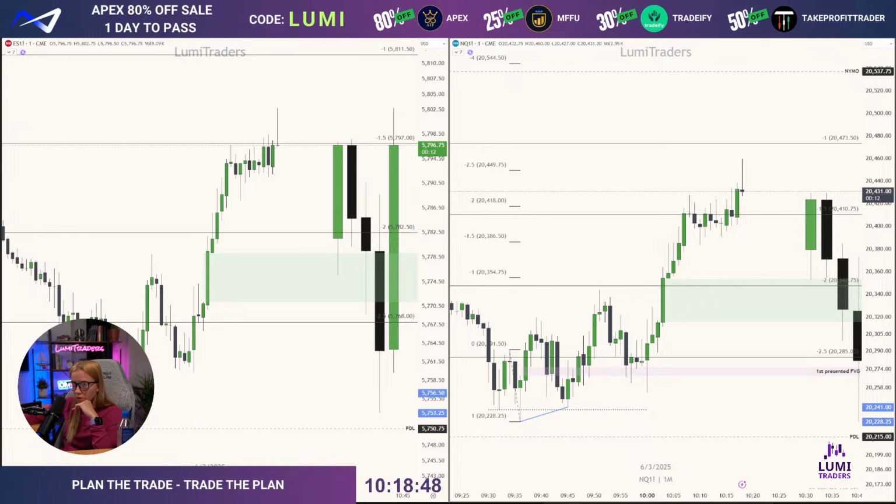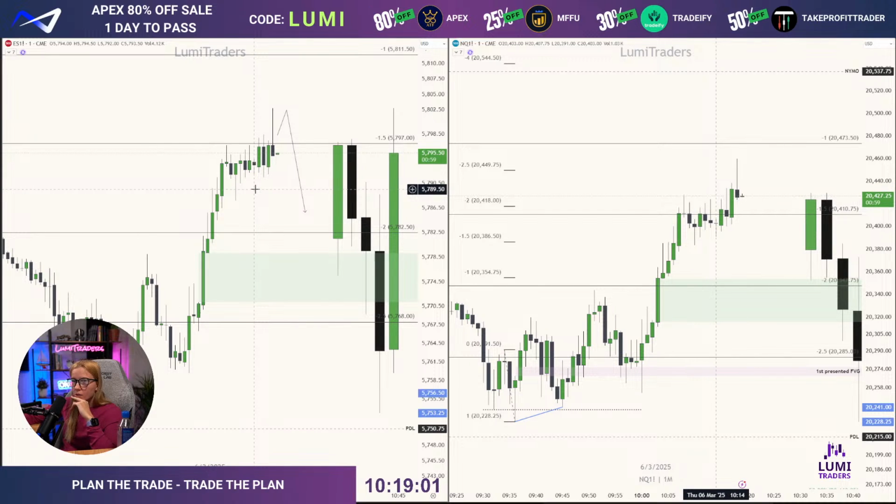So if for example, imagine we look for long on ES, I would do something like this first. It did not fly yet. It's not even like a 10 points move yet.